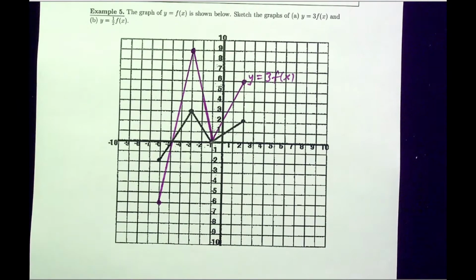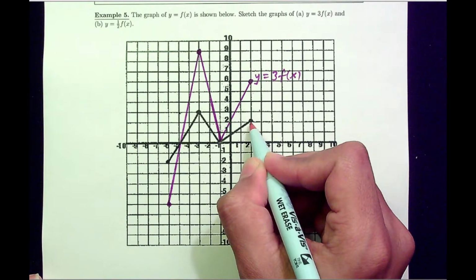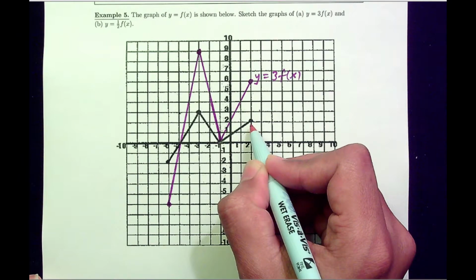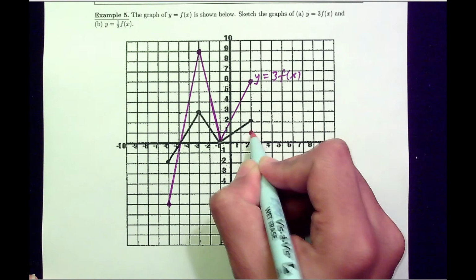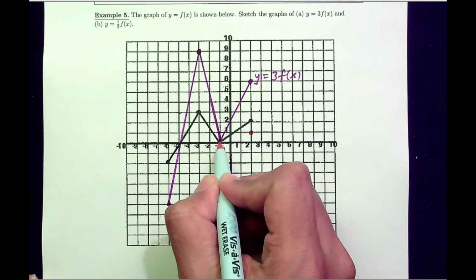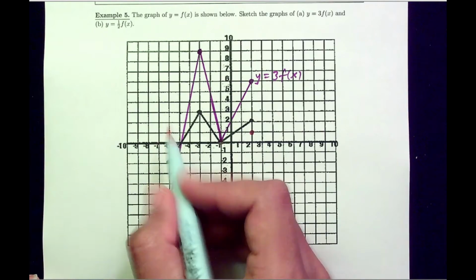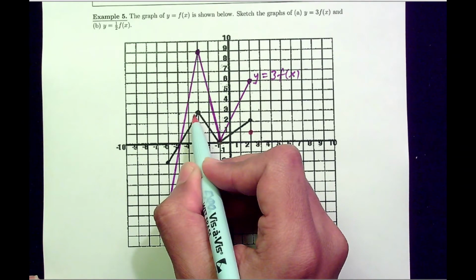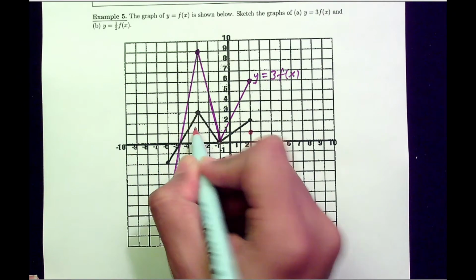Okay, so if I have this point, the y coordinate of this point is 2, multiplying it by half gives me 1 right there. The y coordinate of this one is 0, multiplying 0 by half is 0. So again, right there. And the y coordinate of this is 3, multiplying it by half, that's 1.5.